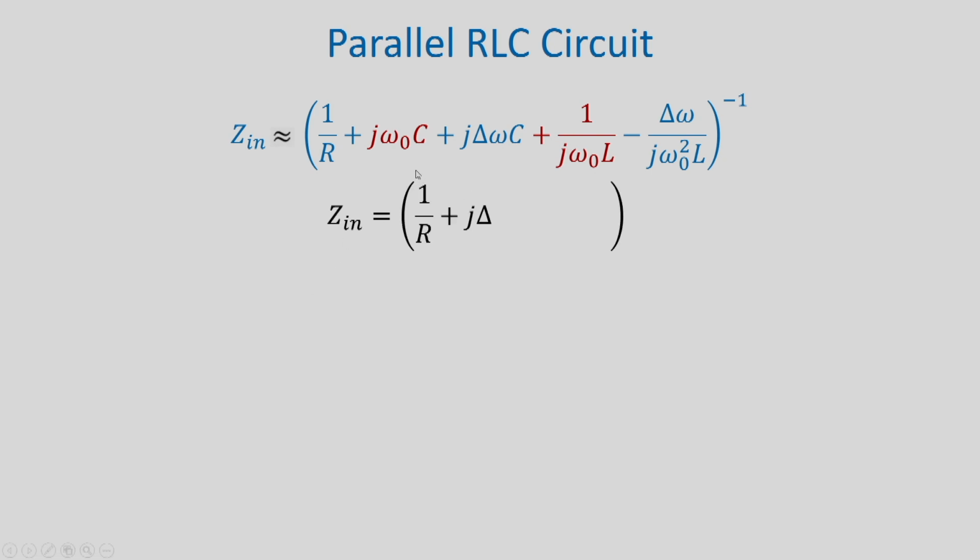So, the sum of these two terms will become 0, and we will be left with Zin equal to 1 by R plus j delta omega C plus j delta omega by omega naught square L, whole raised to the power minus 1.